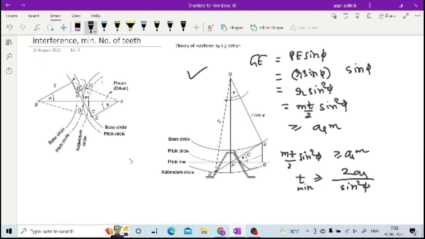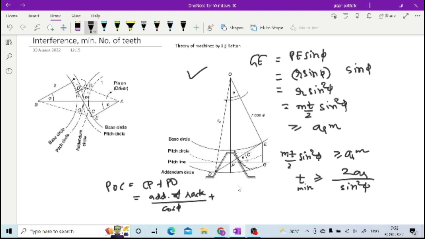Now path of contact, if you see for this rack and pinion, then path of contact for rack and pinion is CP plus PD, right? So again CP, here this CP can be calculated from your addendum of rack divided by cos phi, right?